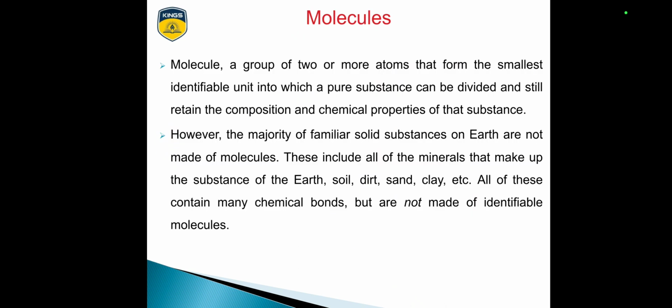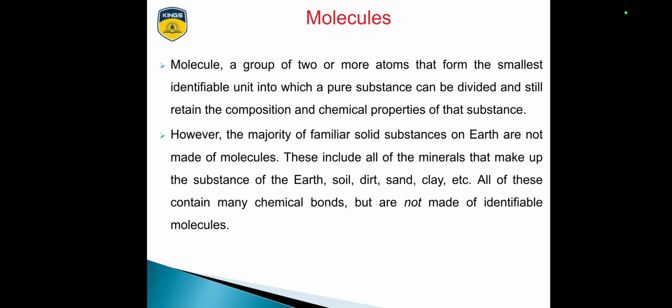You all know what a molecule is, but let us see. A molecule is a group of two or more atoms that form the smallest identifiable unit into which a pure substance can be divided and still retain the composition and chemical properties of the substance. However, the majority of familiar solid substances on earth are not made of molecules.